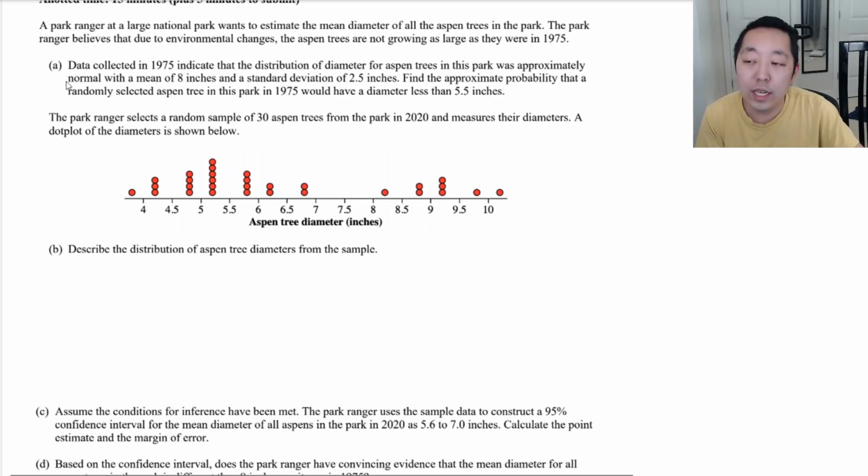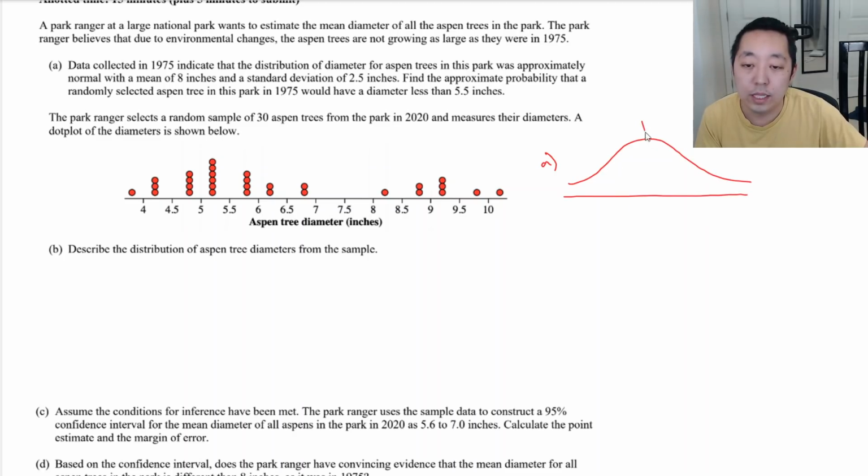Okay, so what is the distribution in 1975? If I were to answer part A, I always draw a normal distribution curve, and the mean is the center line here. Sorry, that's a horrible line. The center line is 8, and the standard deviation was 2.5.